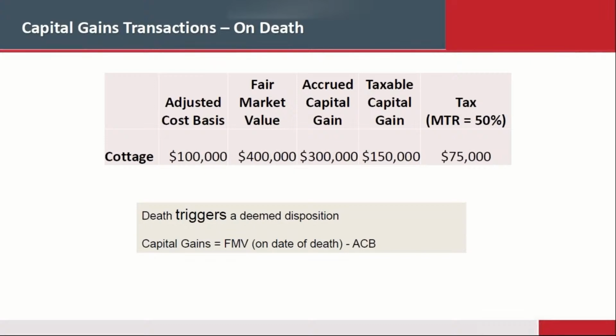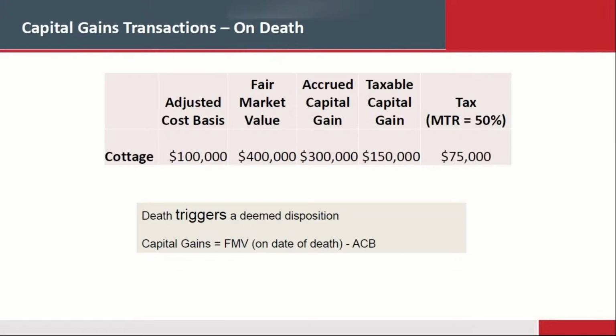In other words, death triggers a deemed disposition. Even though you never actually sold it, that's the time when the taxes have to be caught up. Upon your death, Ottawa basically does a complete accounting and says, okay, we've allowed you to defer taxes all these years. Now you're dead. It's time to pay up, basically.